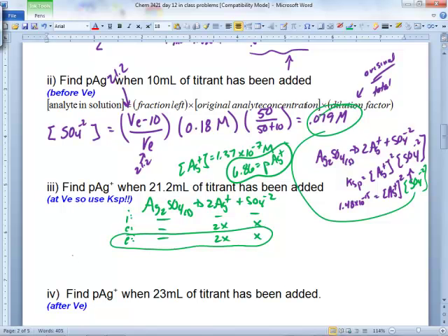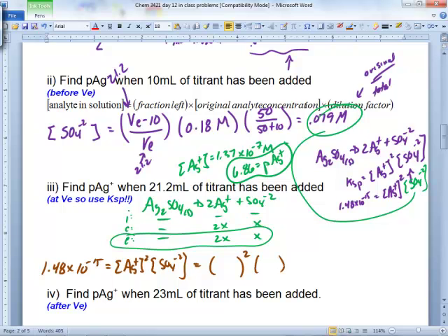KSP was 1.48 times 10 to the negative 15, which is going to equal silver ion squared times sulfate. That's going to be 2x squared and my x. So we got to get our x.